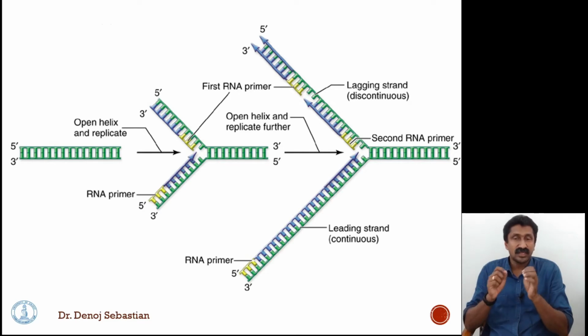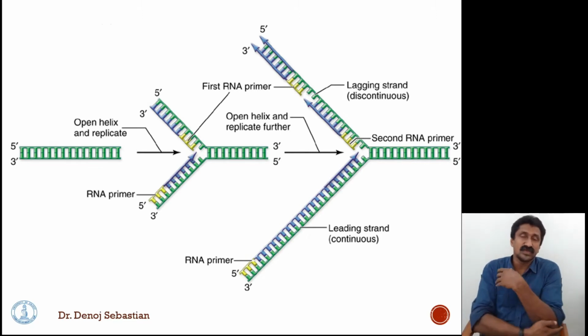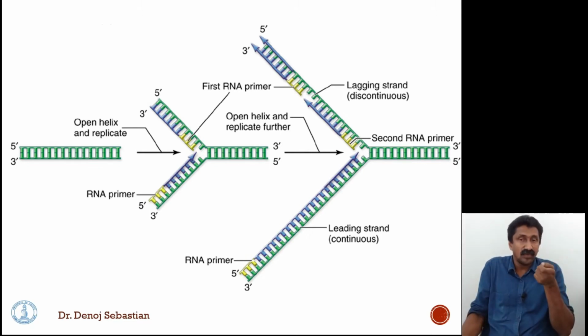So the initiation of the polymerization process of the DNA polymerase starts with an available free 3'OH group, which will be provided by the primase enzyme, which creates a short RNA primer with a free 3'OH group.